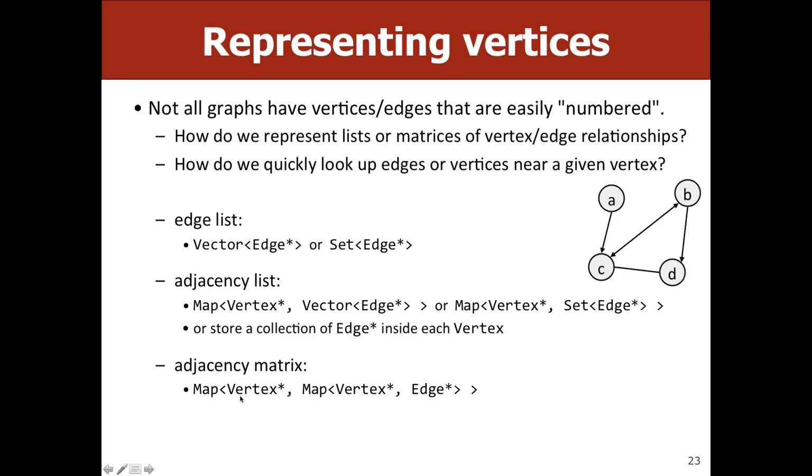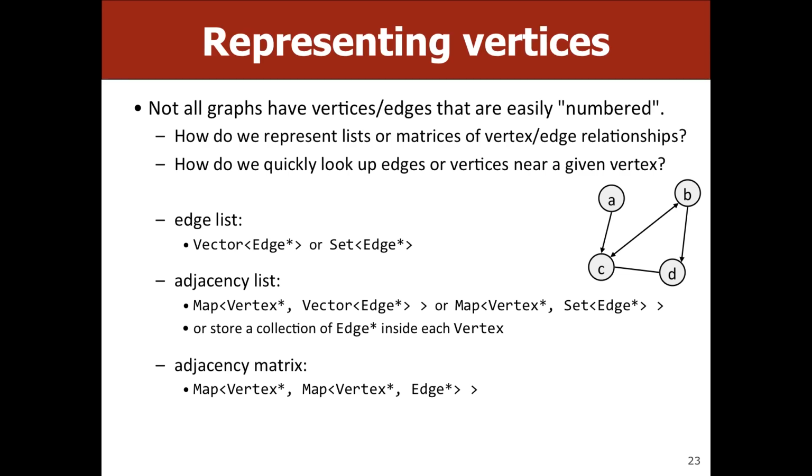For the adjacency matrix, you would generally have a map instead of an actual grid. Do you all have any questions about the implementations, or the trade-offs between them and when you would use each one?